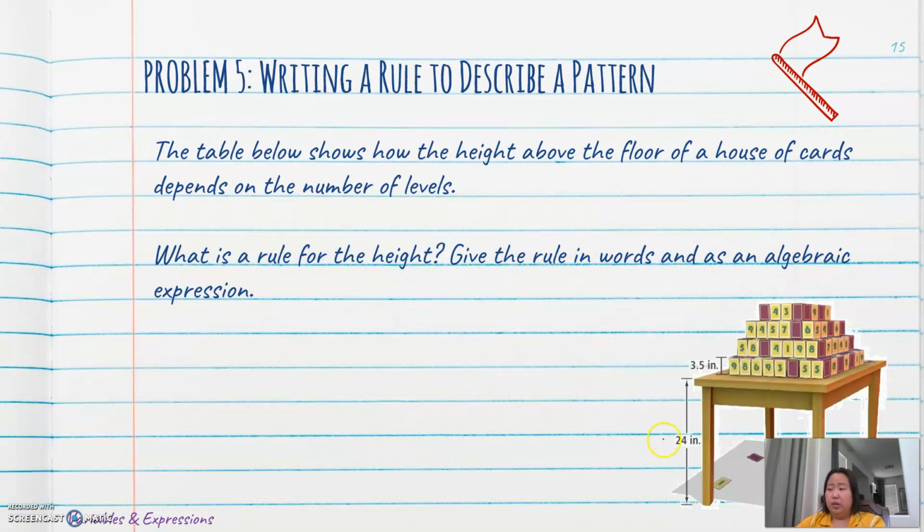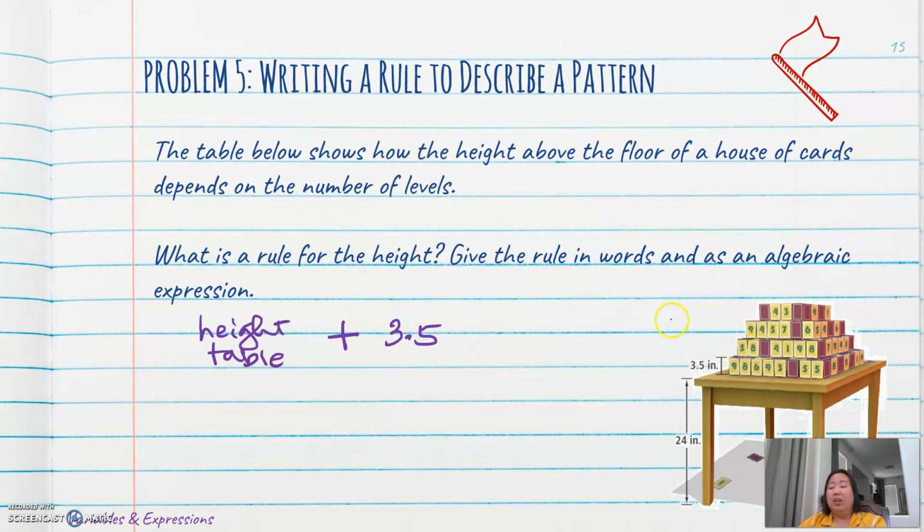The height of a house of cards will be the height of the table plus 3.5, the height of each level. And do we know the number of levels of the house of cards?